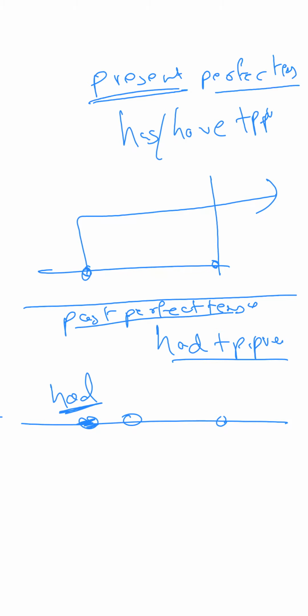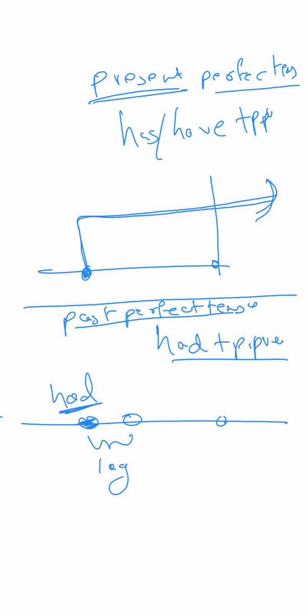Is this getting clearer, guys? It takes a little time to wrap your head around, but I hope you guys are taking notes, and it'll be clearer when you implement this. Sir, just to make sure about this, in the past perfect there's a time gap between the two occurrences, and in the present perfect they're simultaneous, or what? No, in the present perfect, an action happened in the past and it's continuing to the present.